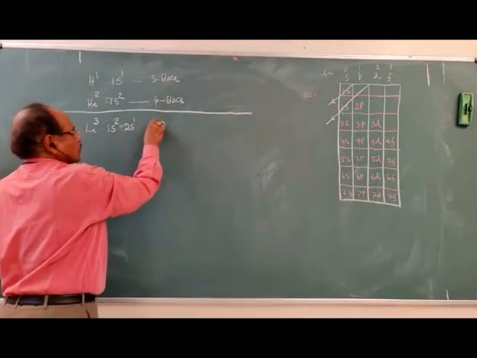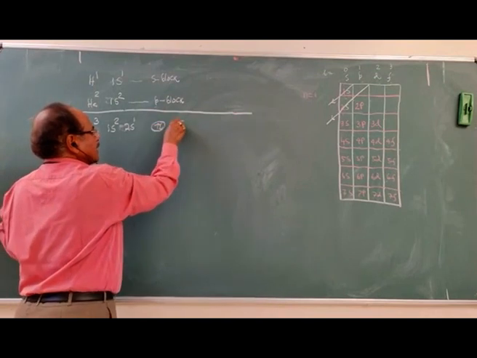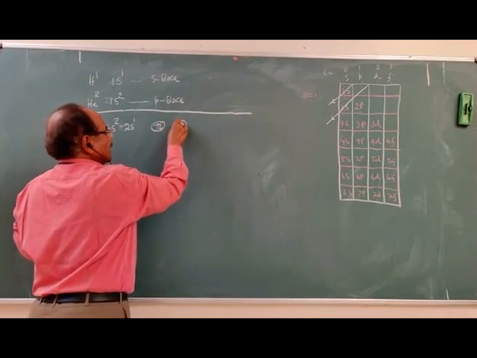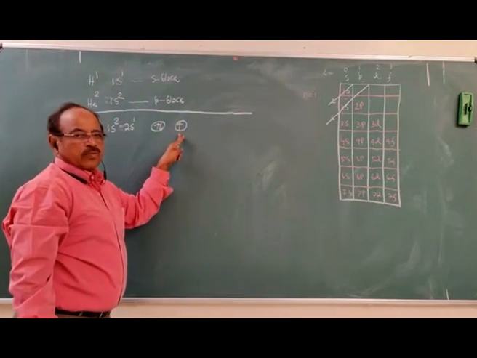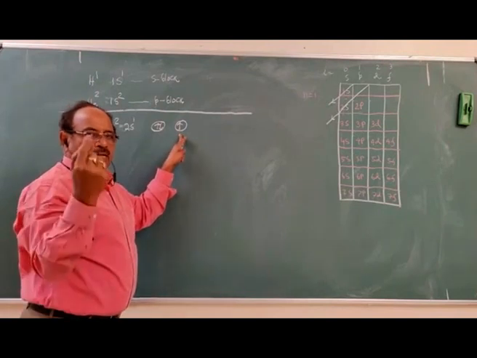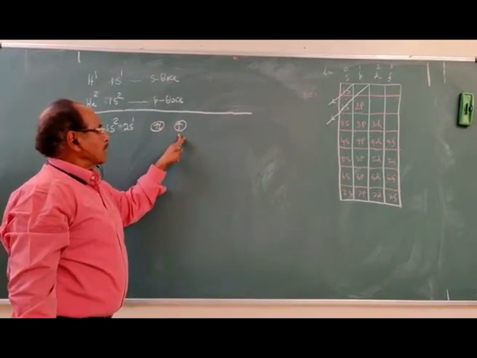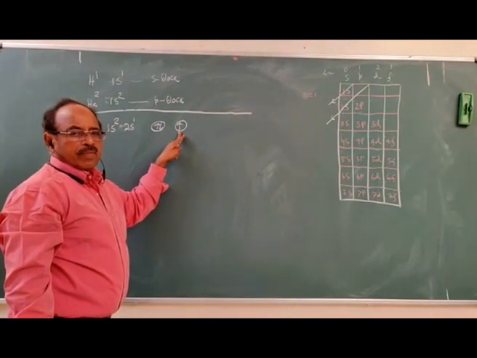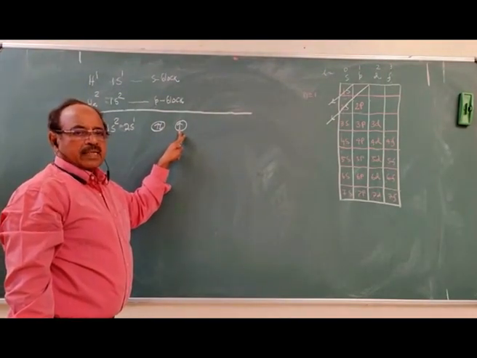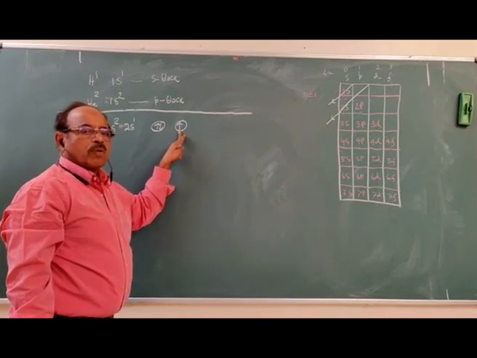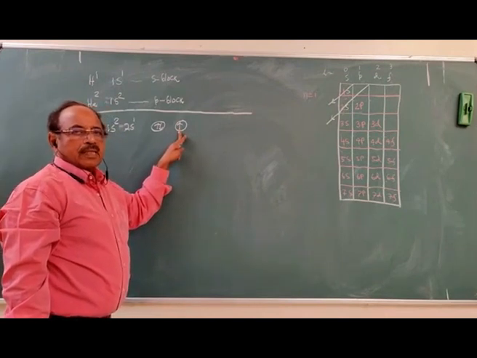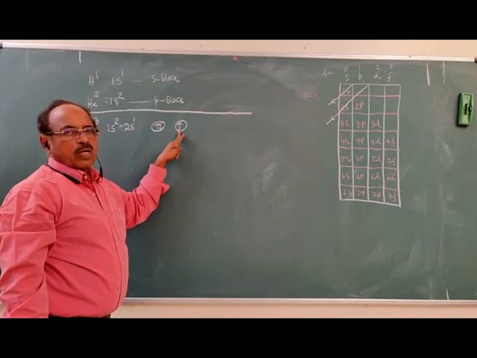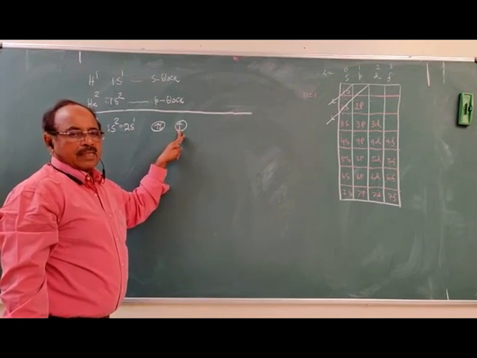So this is 1s2, the first shell completed, and 2s1 here. There is one unpaired electron in the outermost shell of lithium. Hence it is placed in group 1A of the periodic table, and it belongs to the s block of the periodic table.